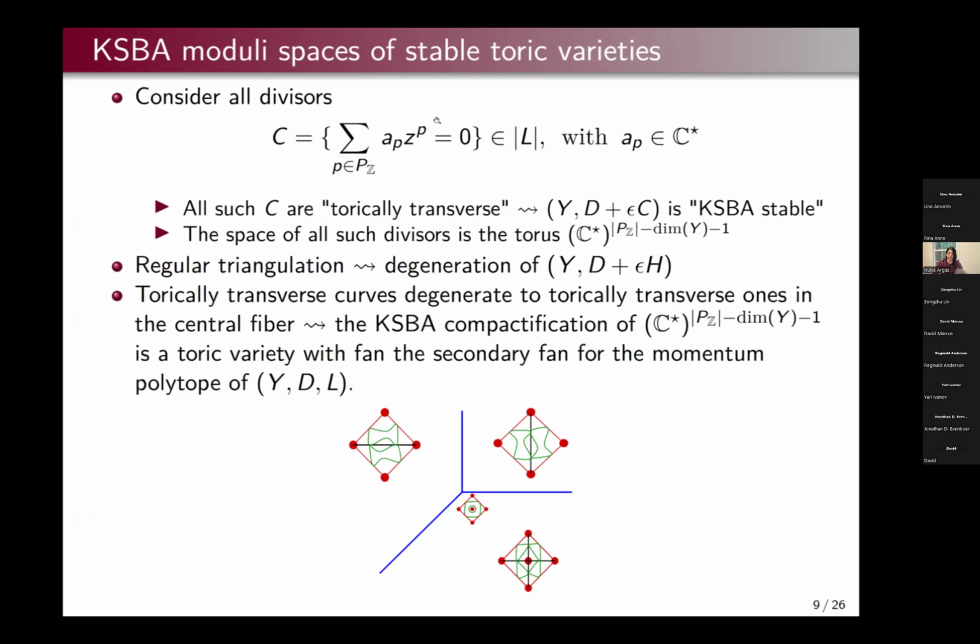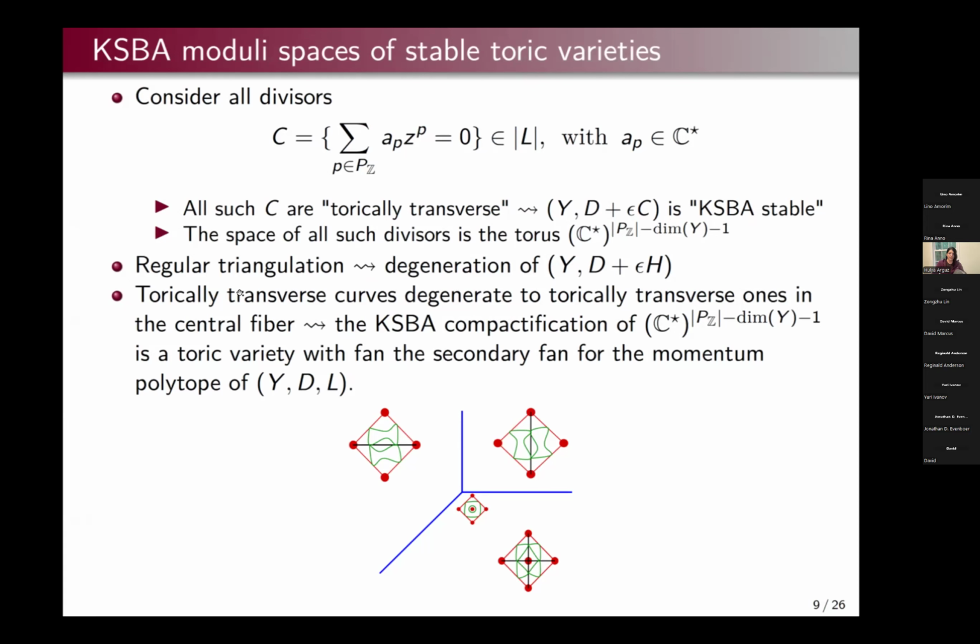So if you consider all divisors in the linear system of your ample line bundle, and you impose the condition that your coefficients should be in C star, then it will automatically be true that such a divisor, or if you're in dimension 2, such a curve like here, is going to be torically transverse. And the space of all such divisors forms a torus (C star) to the number of coefficients, and up to reparametrizations, you will get a torus of dimension the number of integral points in P minus the dimension of your variety minus 1.